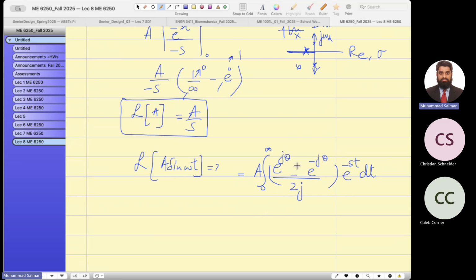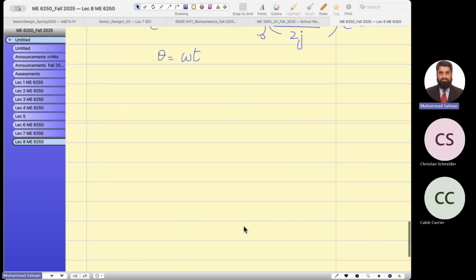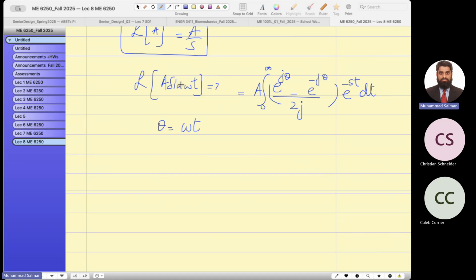So look, can I write down theta as omega t? Because I have written this theta as omega t. So I'm going to write down the equation of the Laplace transform as integral from 0 to infinity. 2j is outside because this is a constant. E to the j omega t minus e to the negative j omega t.